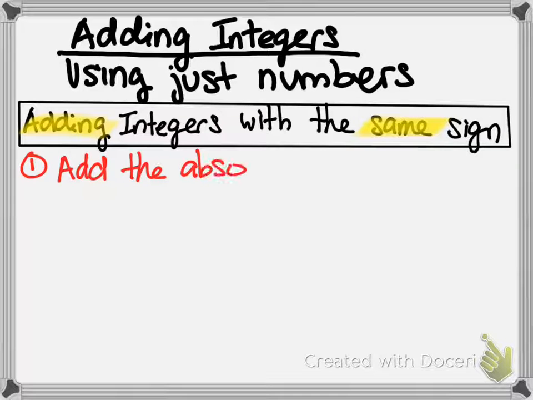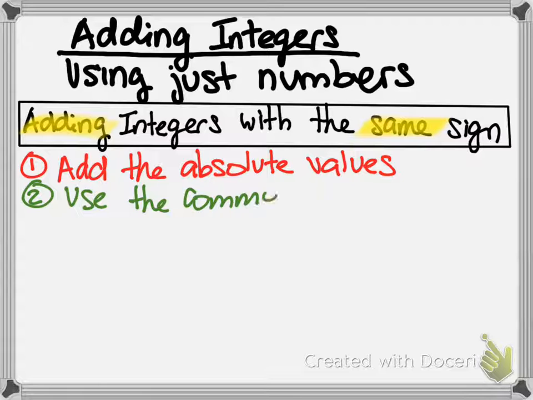And if you don't remember what an absolute value is, feel free to go back and watch the absolute value video. It is basically the distance away from zero. Okay, so step one, add the absolute values. Step two, we need to use the common sign.